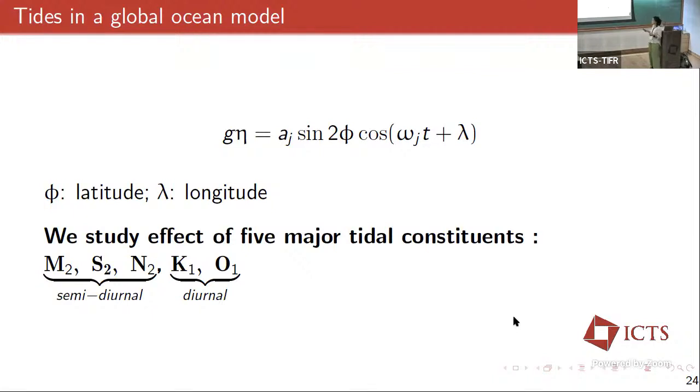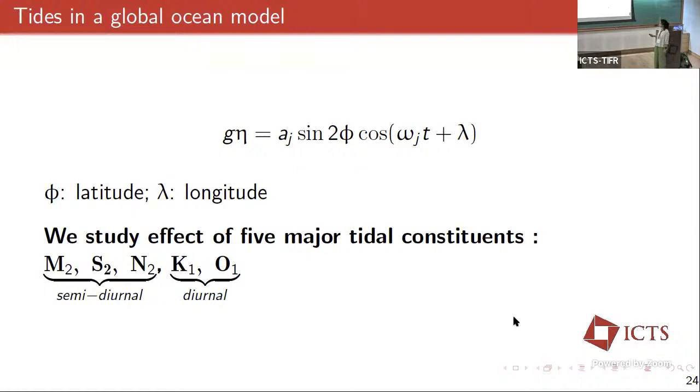That potential has a sine and cosine expansion, because tides are roughly periodic. It is not exactly periodic, just remember it, but it is very close to periodic. So here this is latitude and lambda is longitude. You can expand the tidal potential in these sine and cosine functions.